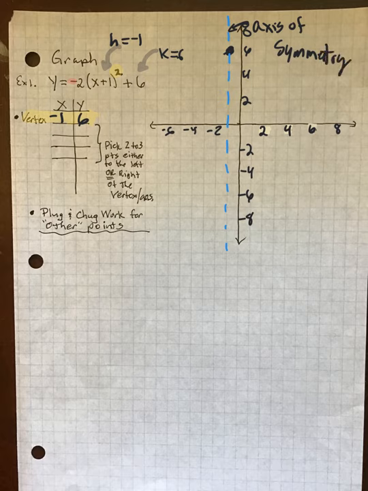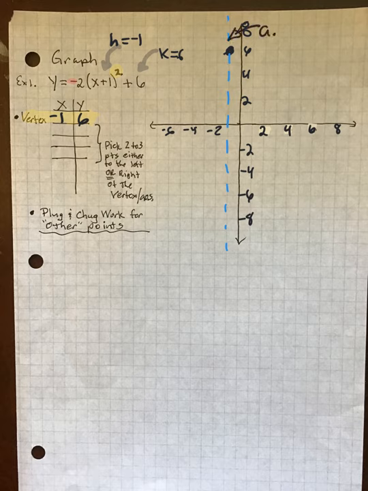So for short, we're just going to write AOS to save some time. And what is the equation for the axis of symmetry? Since it's a vertical line, it's going to be x equals -1.